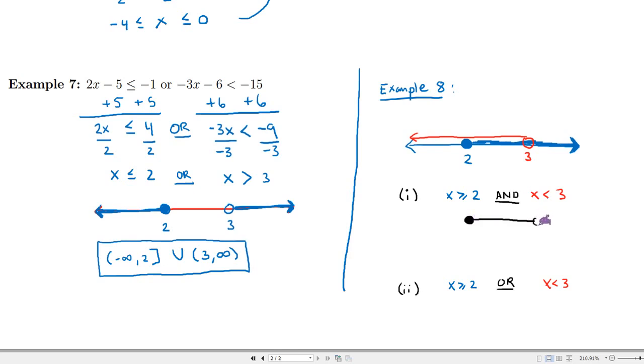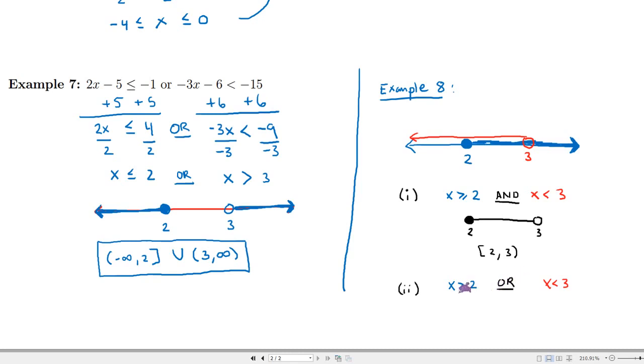So you're looking at the overlap there. So that would be sort of the graphical version of the intersection of these two. And how would you write that as an interval? Well, that would look like 2 to 3, and we would have a closed bracket on the 2, but an open parenthesis on the 3.